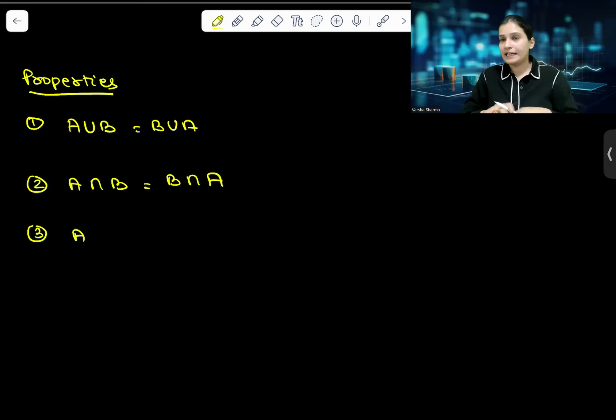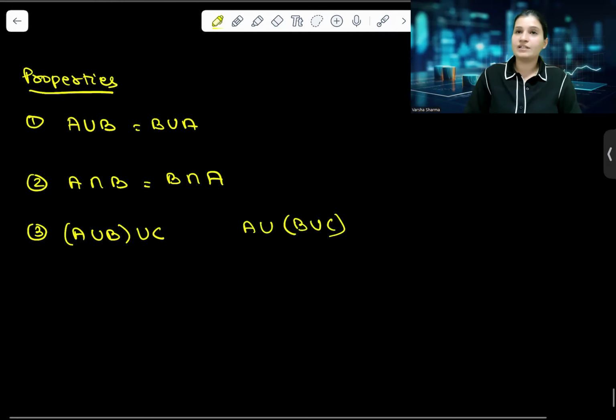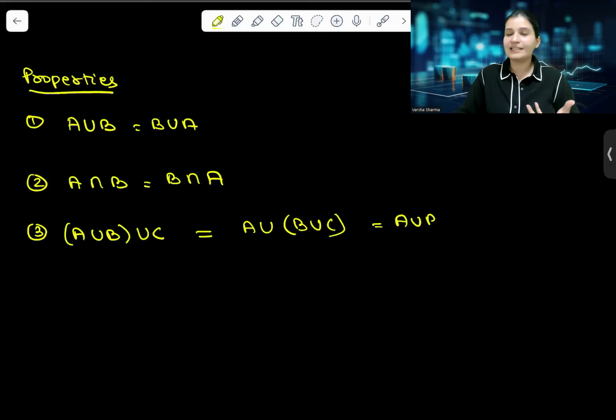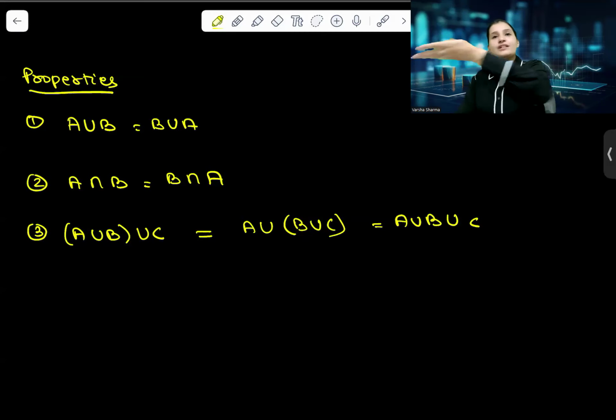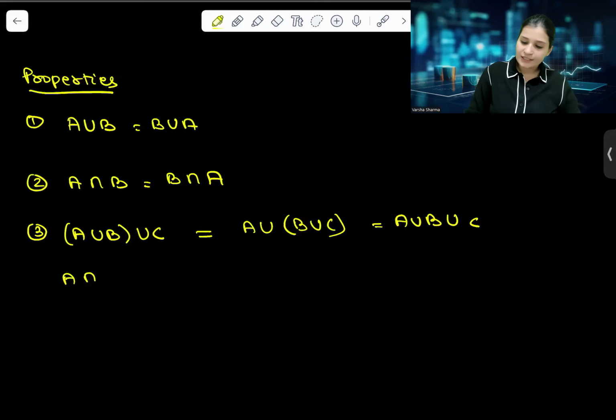I'm just changing the bracket, which means first I'll calculate A union B, and to its answer, I'm going to find the union with C. Or whether I calculate B union C first and then combine A with it. It means the same thing. Rather, when you're finding union, you can find the union of all the three together itself. 1, 2, then you have 3, 4, then you have 5. 1, 2, 3, 4, 5 is the union straight away. Same goes with intersection.